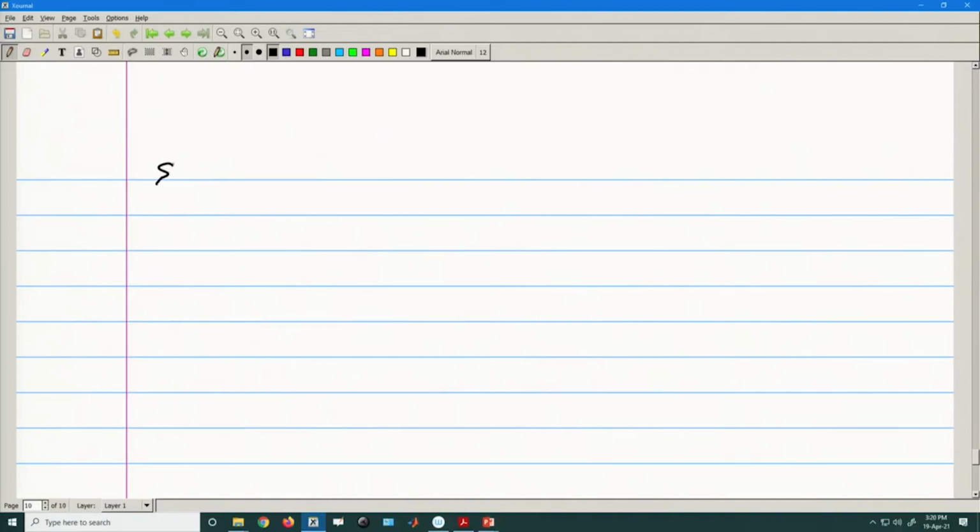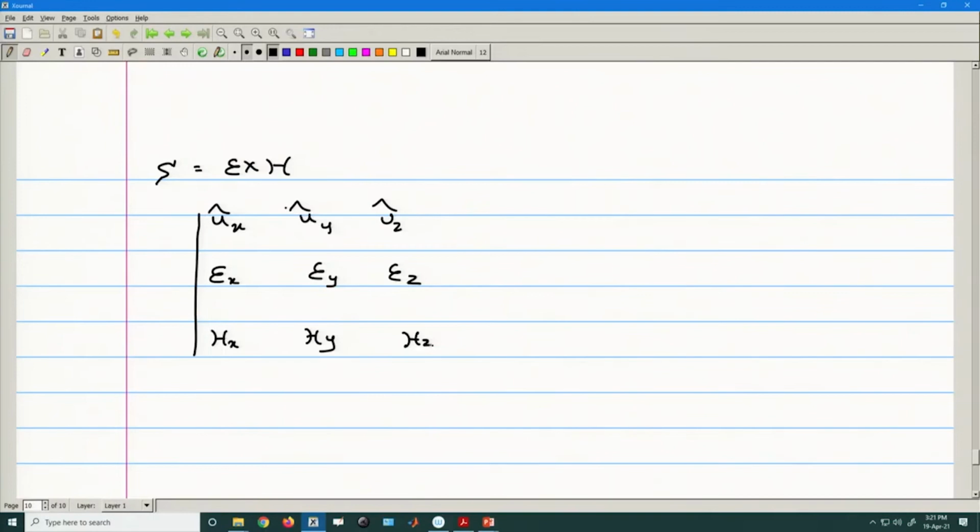So, S is given as E cross H. So, we will have Ux, Uy, Uz, Ex, Ey, Ez, again Hx, Hy, Hz.